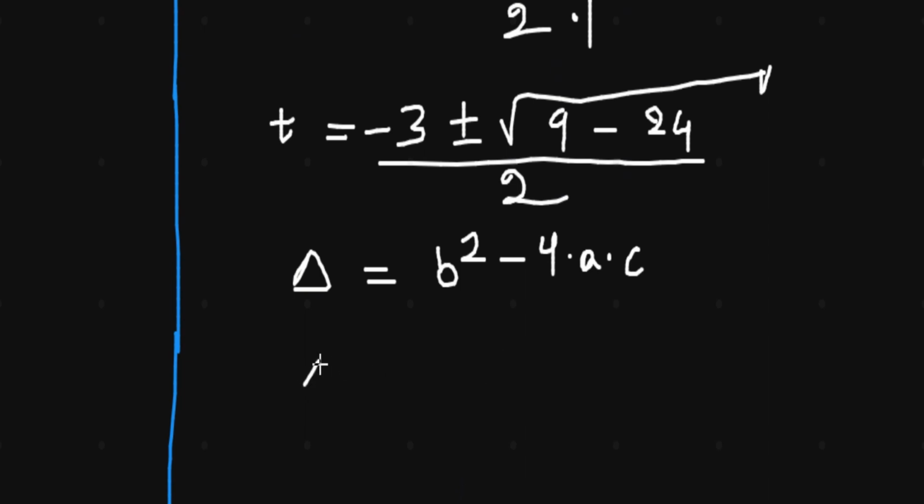So delta is equals to b square minus 4ac here. So we have b square minus 4ac as 9 minus 24 here. So delta is equals to 9 minus 24. So that is equals to 9 minus 24 is minus 15.